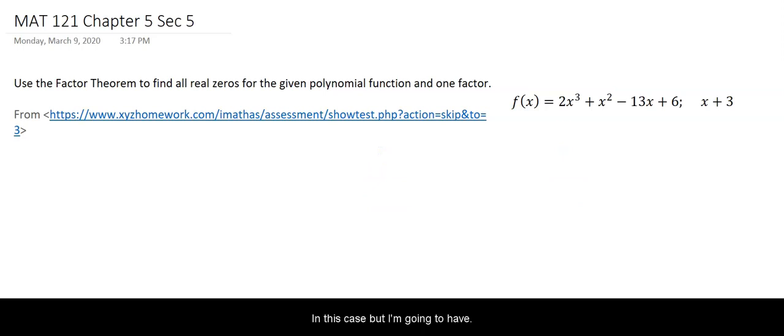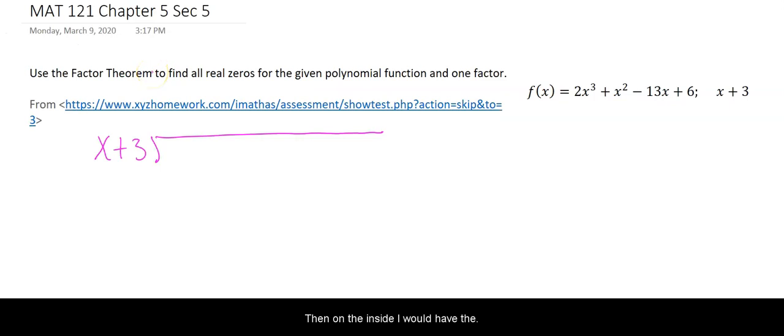Let's set each one up so you can see what it looks like. If I do long division, I would start with x plus 3 on the outside, and then on the inside I would have the dividend, which would be 2x cubed plus x squared minus 13x plus 6.